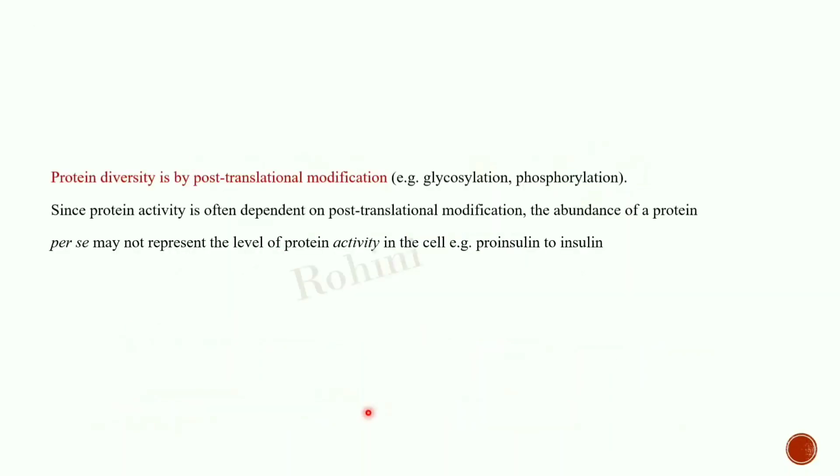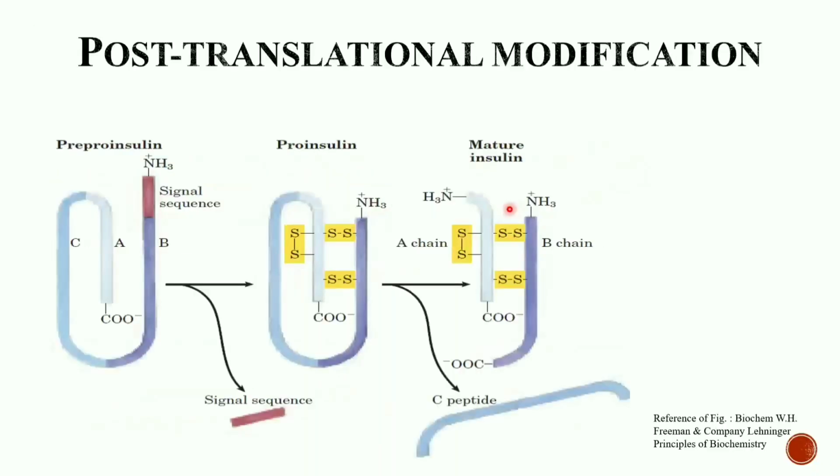Next, diversity of the protein is generated by post-translational modification. There are glycosylation and phosphorylation, and also some post-translational modifications that allow cleaving of the proteins, like the post-translational modification of insulin. Here it is a pre-pro-insulin. The signal peptide, the signal sequence, is cleaved, and there is a synthesis of pro-insulin.